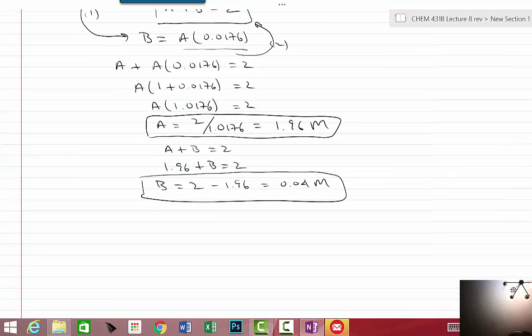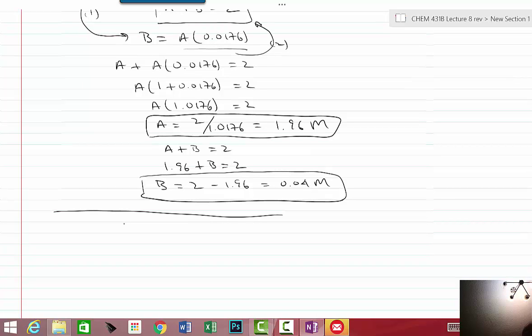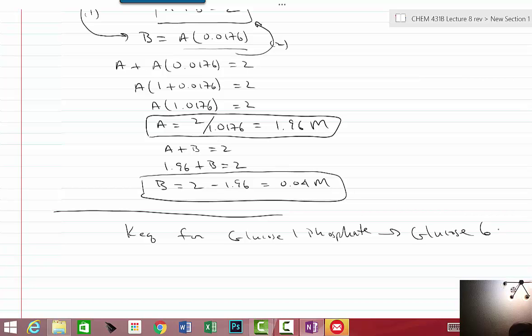Let's go ahead and take a more realistic example. Chemists have been able to calculate the equilibrium constant for glucose 1-phosphate going to glucose 6-phosphate.